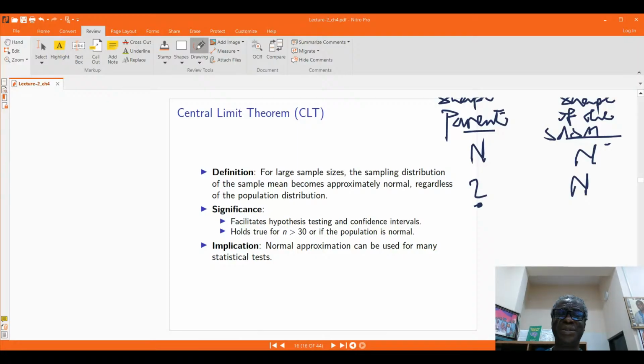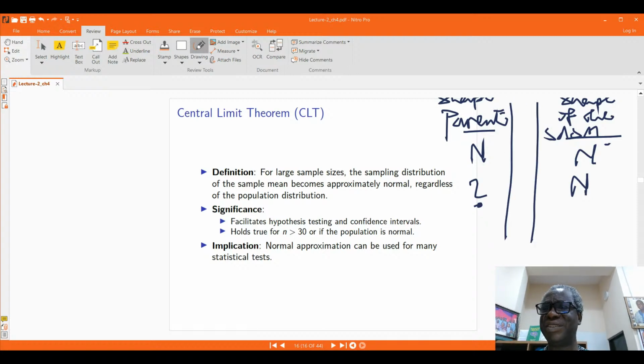Watch out for the sample size. Remember, the condition for this theorem to hold is that the sample size must be large. So there's a big something here which determines this. That is the sample size.